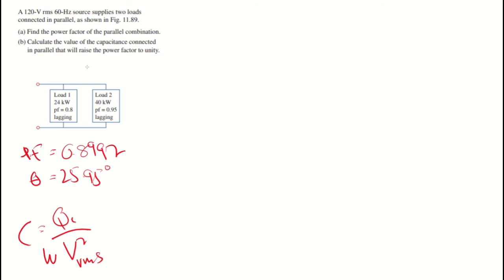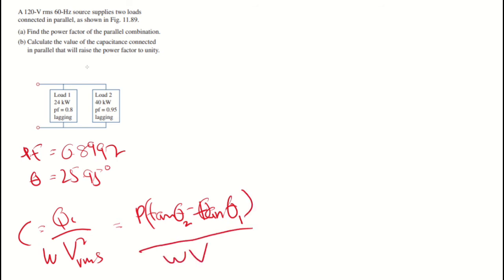And now we just need to find QC. QC basically we can use the formula P times tangent theta 2 minus tangent theta 1, divided by omega V RMS square.